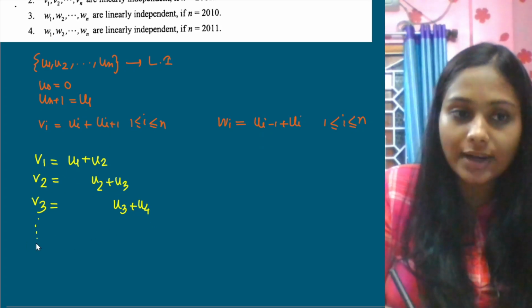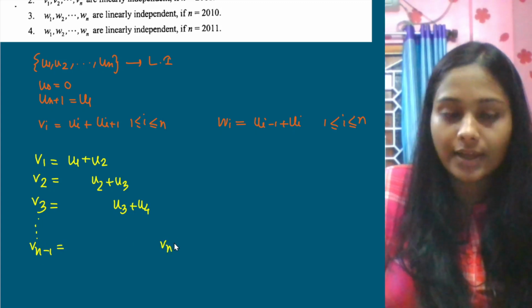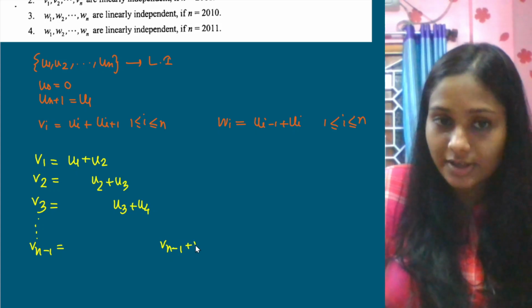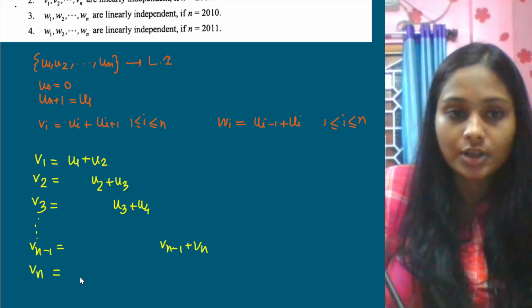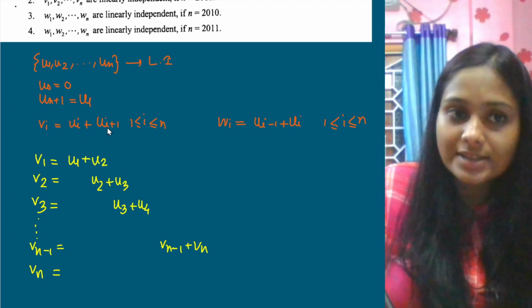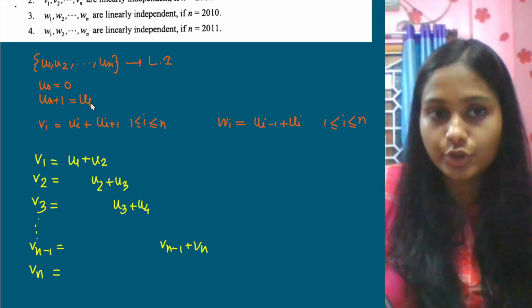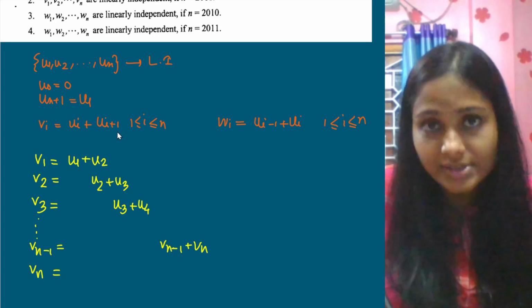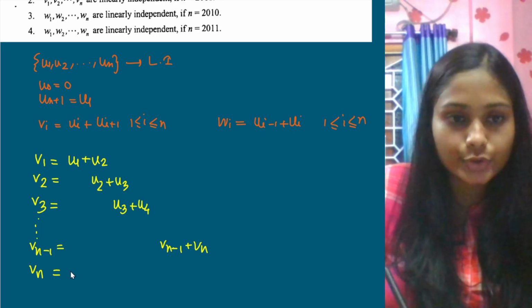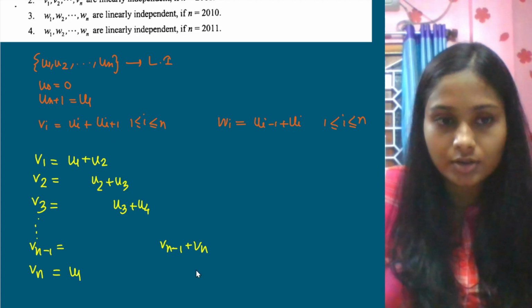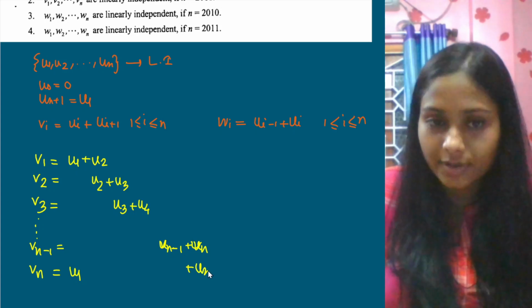So if we go on like this, then vn minus 1 equals to un minus 1 plus un, and if we write vn, so vn will be un plus un plus 1, and here it is given that un plus 1 is equals to u1. So in place of un plus 1, that will be u1. So vn will be un plus u1.